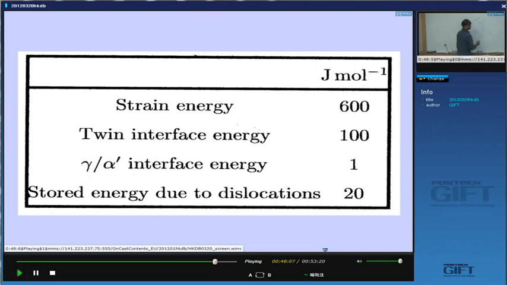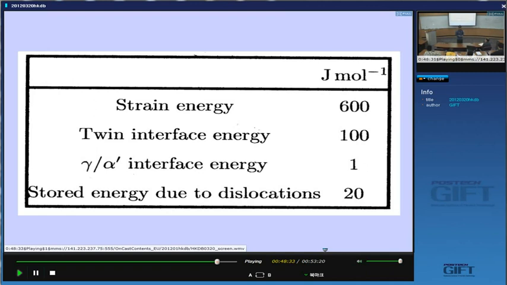So if I know the effect of manganese and gold and so on on the free energies of alpha and gamma, then I can calculate the MS temperature. Yeah? All I need is the free energy curves of alpha and gamma as a function of composition. And all these software that I mentioned allow you to calculate the free energy as a function of composition.